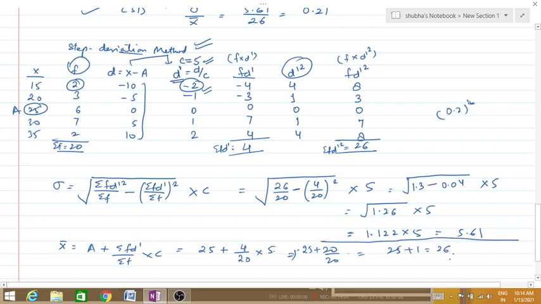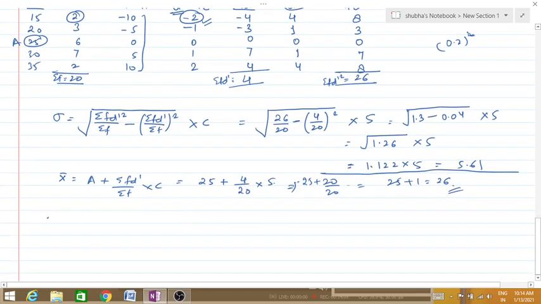So this is how we calculated mean. After calculating mean, the last step for us is coefficient of standard deviation. It will be calculated by dividing standard deviation by mean. Standard deviation is 5.61 and mean is 26. We get 0.21. Now I hope this is clear to you.